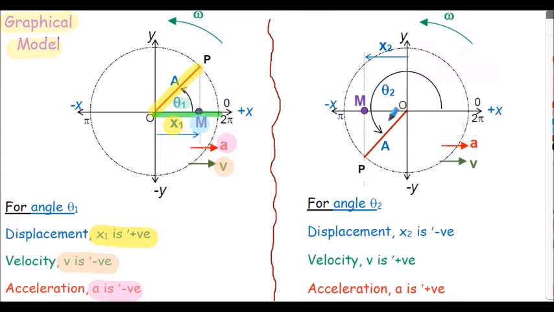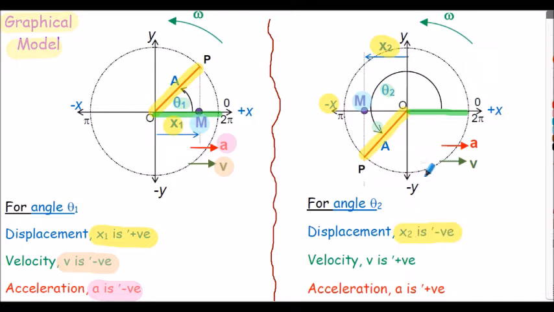If we now consider the right-hand diagram, phasor OP is in this position, angle θ2, again measured from this axis, and point M, the projection of P on the horizontal axis, is now at x2, but to the notation, x2 is now a negative value.